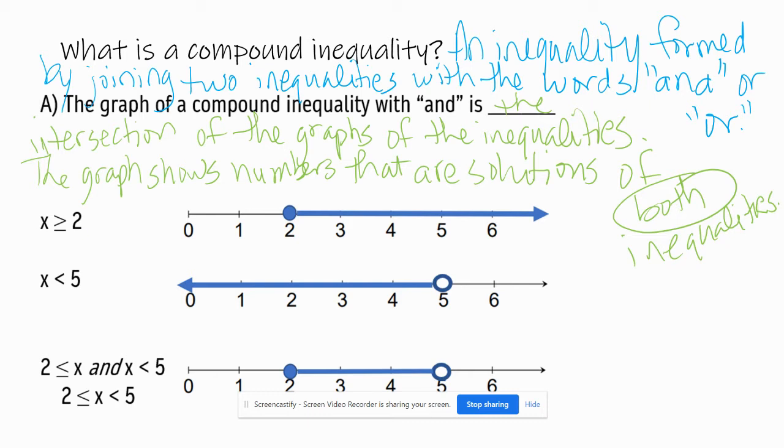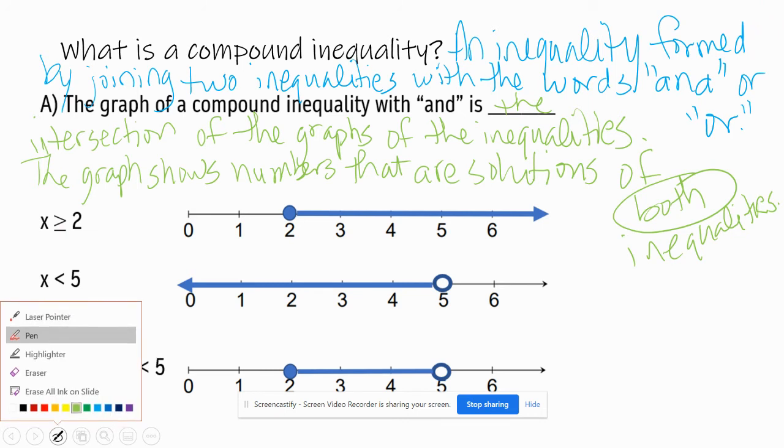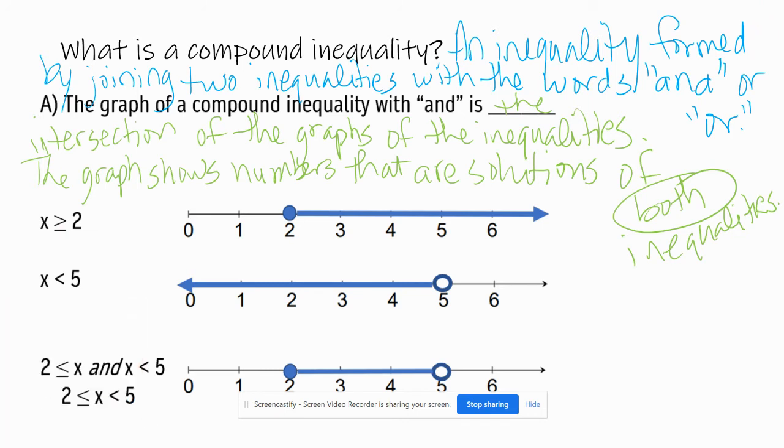So if I'm looking at x is greater than or equal to 2, and we have this graph here, and then x is less than 5 has this graph here. So their compound inequality solution, if I go from the end of 2 and the end of the 5, then you see these values are both shaded.